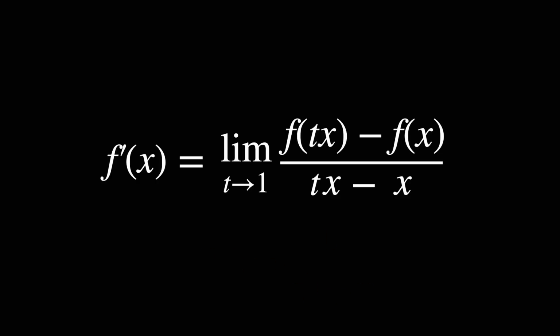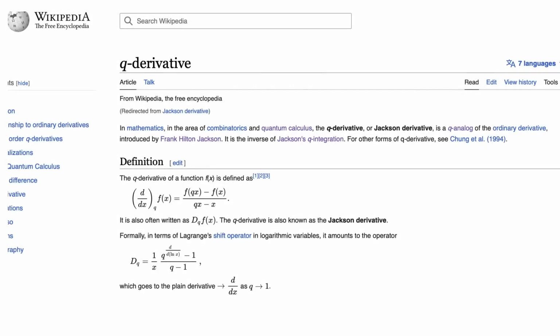And lastly, while I did come up with this definition myself, I did find it strange that I've never seen this before. Sure enough, while making this video, I came across something called quantum calculus and the Q derivative, which was developed by Frank Hilton Jackson in the early 20th century and has its roots going back to Euler.